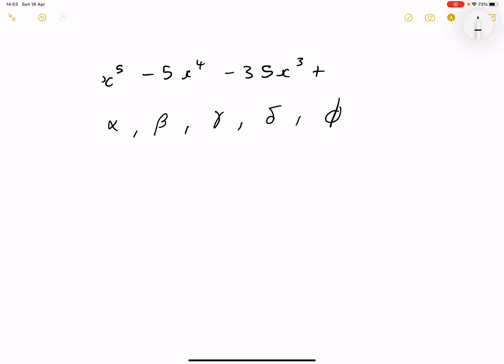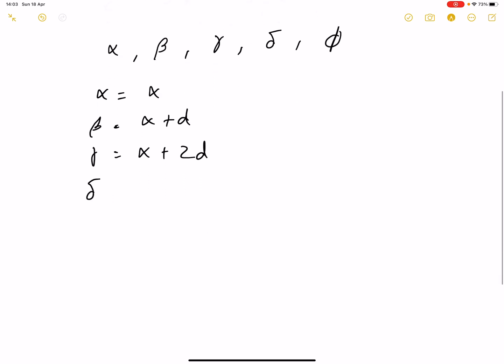So alpha will be alpha, beta will be alpha plus d, gamma will be alpha plus 2d, delta will be alpha plus 3d, and phi will be alpha plus 4d.